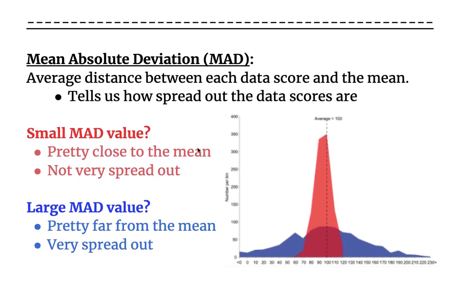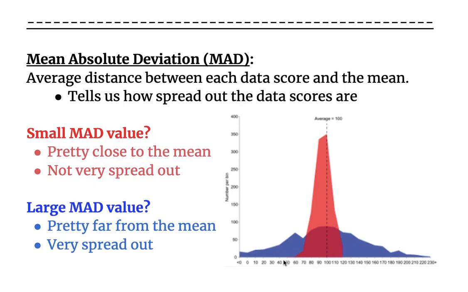So again, if it's a small MAD value, that means every data score is pretty close to the mean. So the data is not very spread out because they have a small deviation, small distance from the average. If the MAD value is a large value, that means that those distances are really big. That's where we got the big MAD value from.